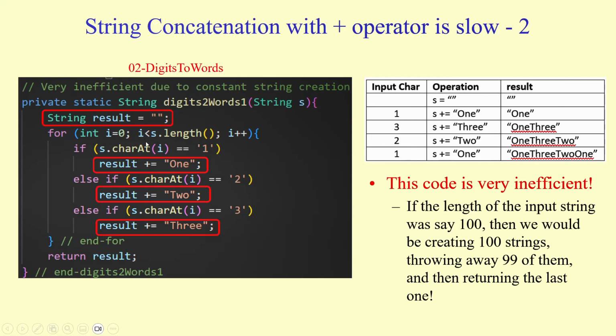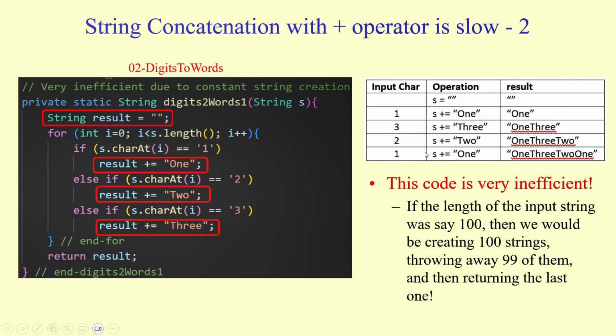Then we process every character of the input string, which can either be digit 1, 2, or 3. If s.charAt(i) is digit 1, we append the word one to the end of the result. If it is digit 2, we append the word two to the end of the current result. If it is 3, we append three to the end.